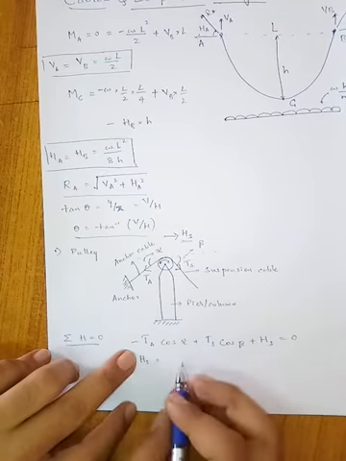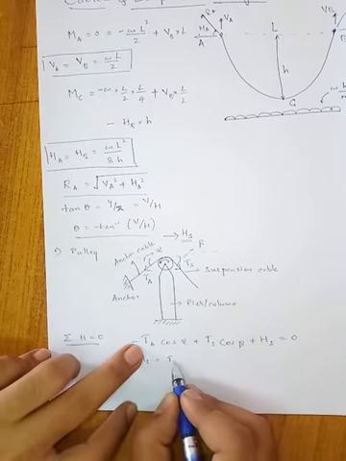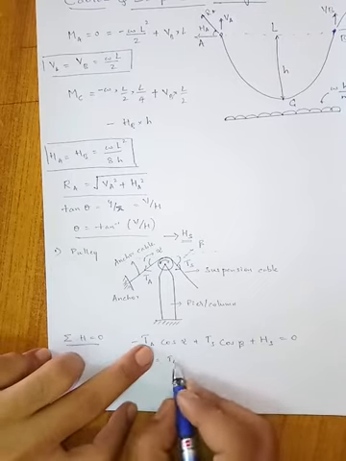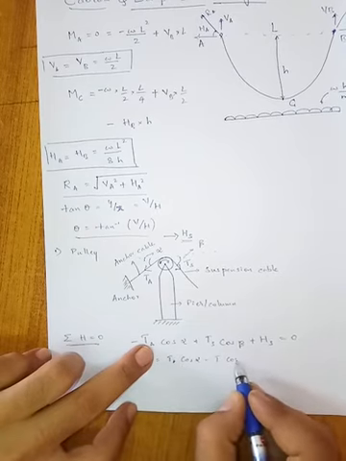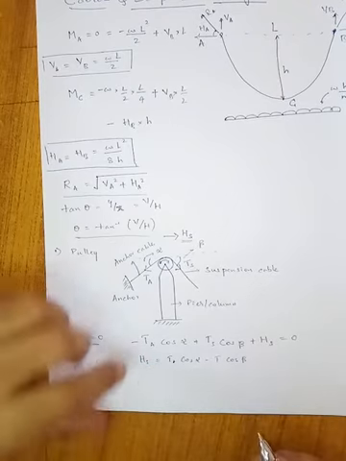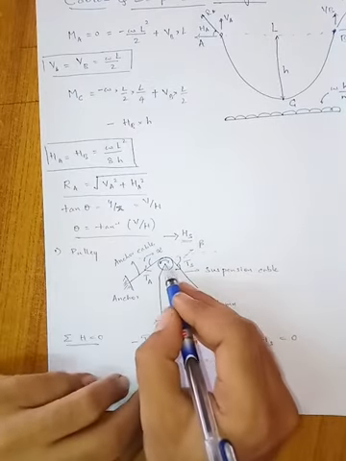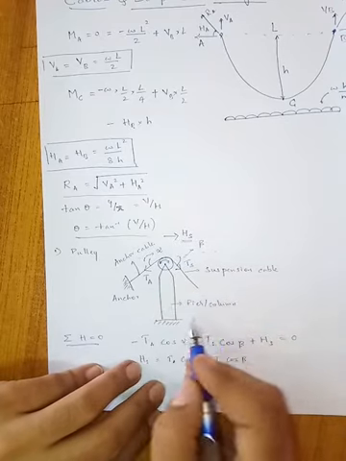Move this to the right hand side of the equation. TA and TS both are the same, so HS is equal to T cos alpha minus T cos beta, or you can write T into (cos alpha minus cos beta).